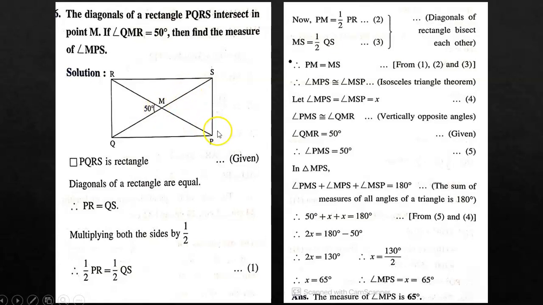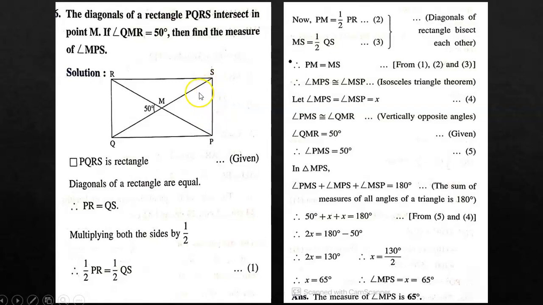Now look at this particular triangle. I have PM is equal to MS. Now if both these sides are equal, I can say that this angle is equal to this angle. Angle MPS is equal to angle MSP.